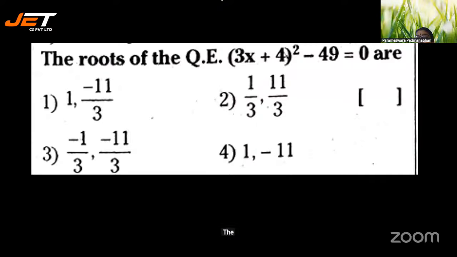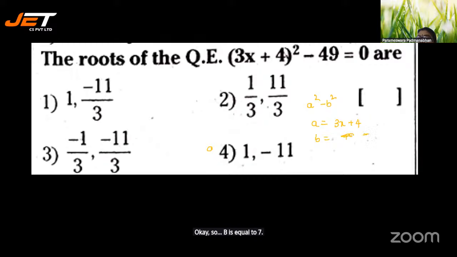The roots of the quadratic equation (3x plus 4) the whole square minus 49 is equal to 0. So this is in the form of a square minus b square, where you can write a as 3x plus 4, and b is equal to 7.